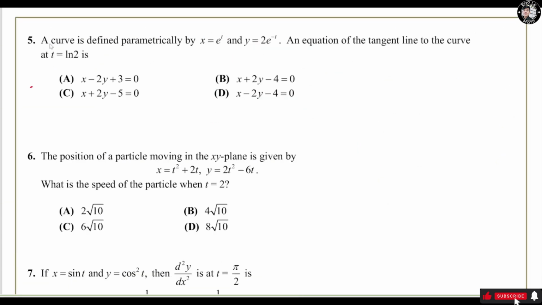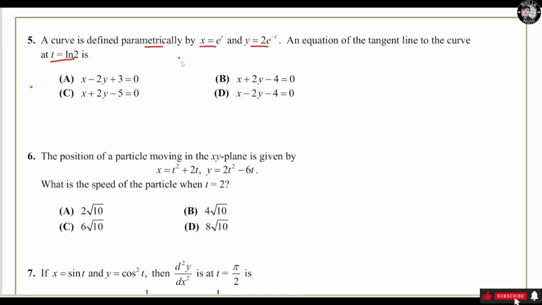Now question 5. A curve is defined parametrically by x equals e to the t and y equals 2 e to the negative t. An equation of the tangent line to the curve at t equals ln 2 is, right? So we need to find the slope first, right?